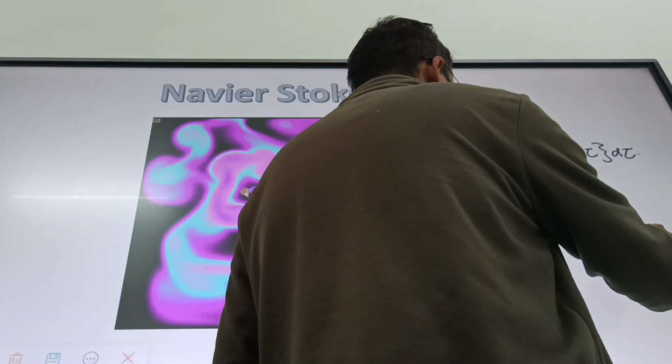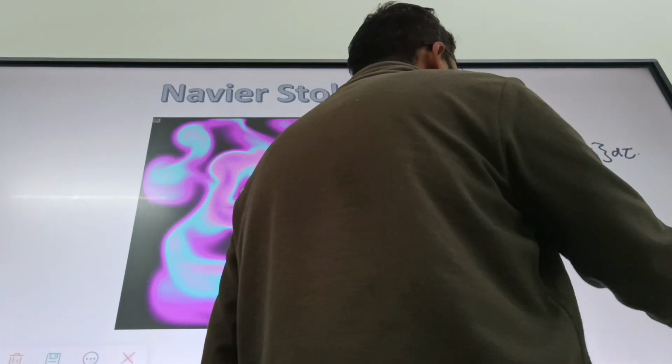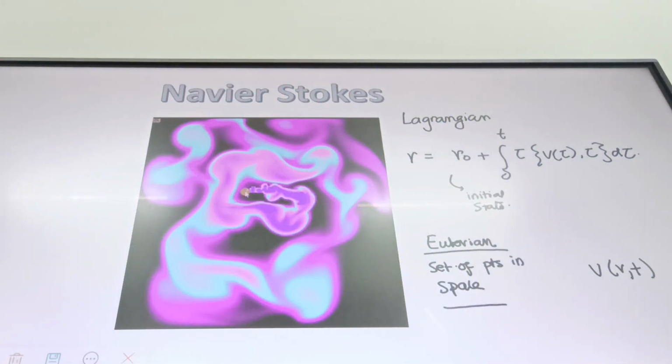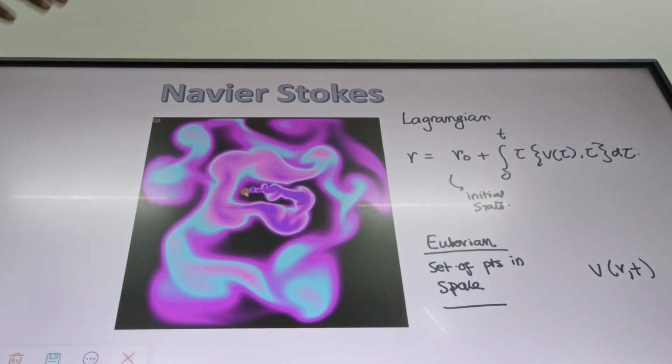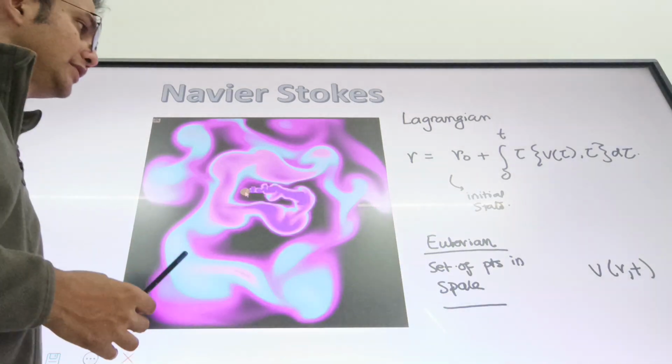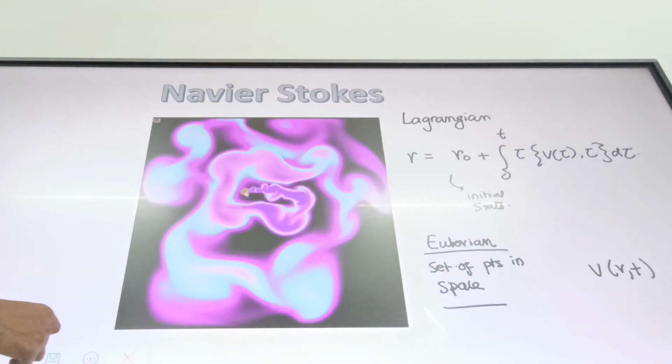This means only the velocity depends on position vector r and t, not the initial set of points it has moved, right? So this is the difference between these two frames of reference.